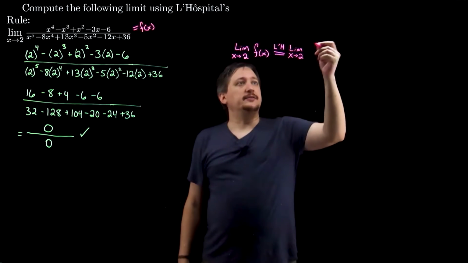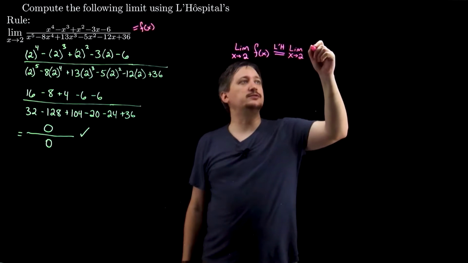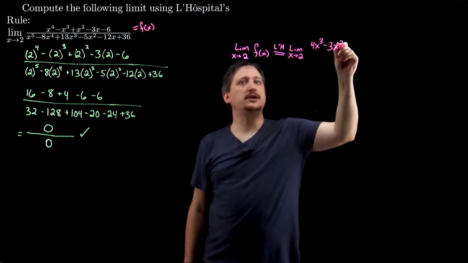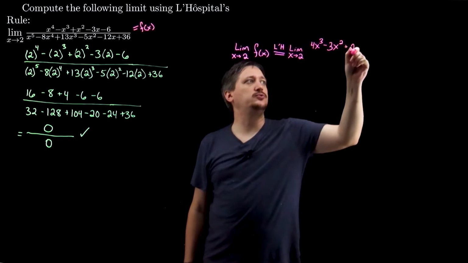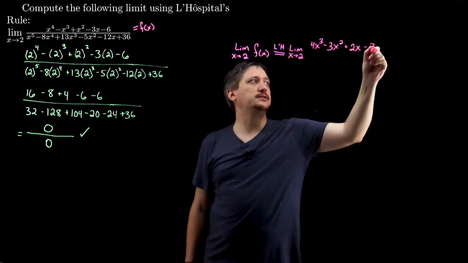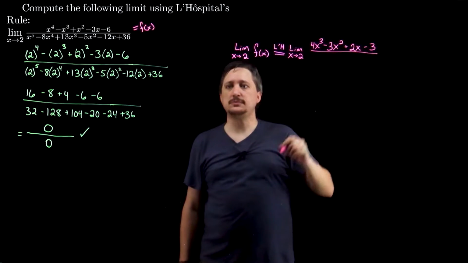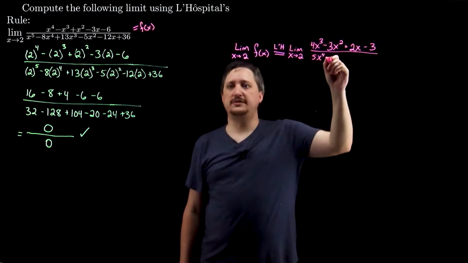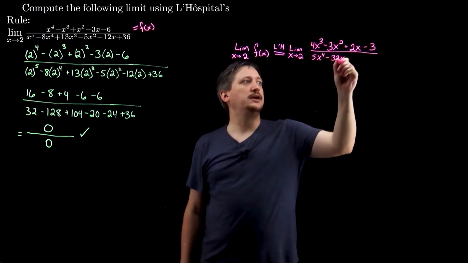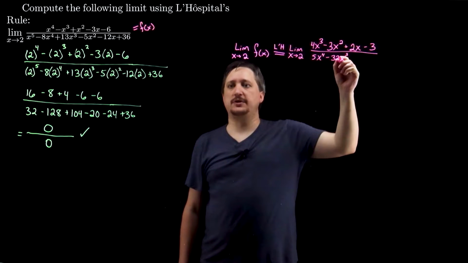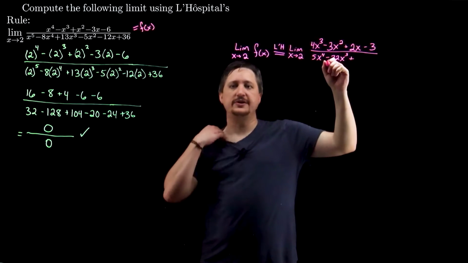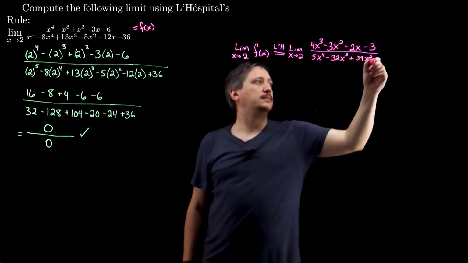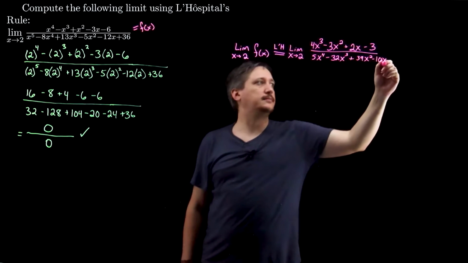Polynomial rules everywhere, so I get 4x cubed minus 3x squared plus 2x minus 3 over 5x to the 4th minus, that's 4 times 8, so 32x cubed, plus, that's 3 times 13, so 39x squared, minus 10x and minus 12.